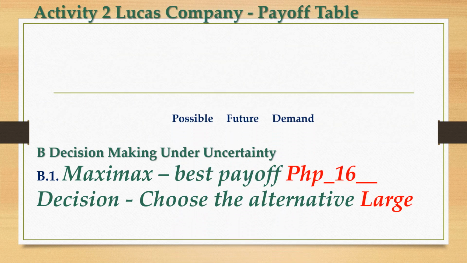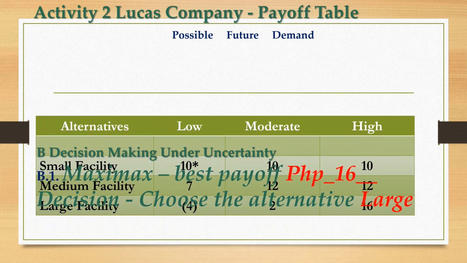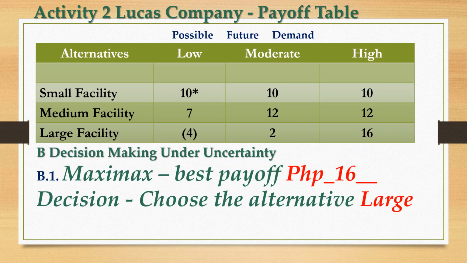If your answer is this, check your work. You have 16 million pesos, that's the best payoff, and that corresponds to a large size facility. That is under Maximax Criterion.